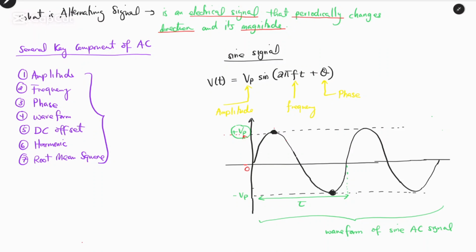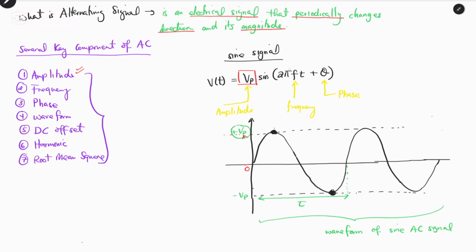In our first video of the series, we talked about the amplitude as a component of an AC signal, and we can find the amplitude of the AC signal in the mathematical equation.